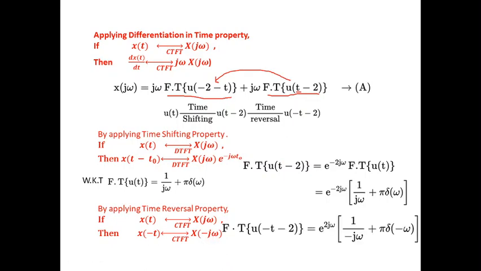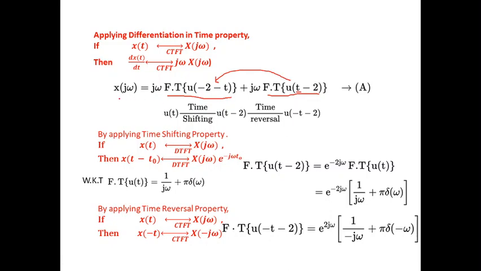So the Fourier transform of u of minus t minus 2 will be e power, in the place of omega you substitute minus omega. Since a minus is already there, this will become plus 2j omega, times 1 by minus j omega plus pi into delta of minus omega. Now you have found this one also finally.